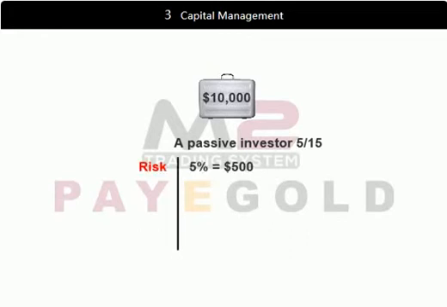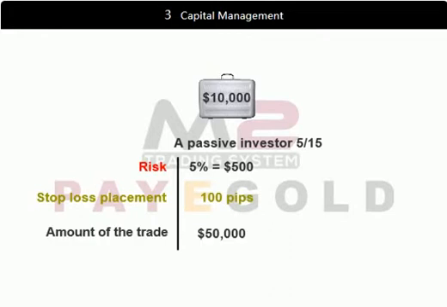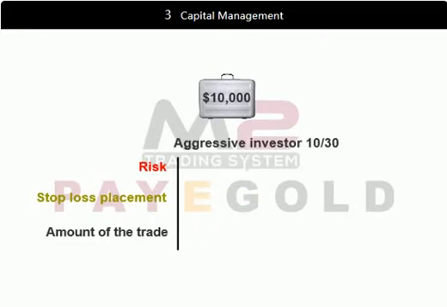If the trader places a stop loss at a distance of 100 pips from his entry point, he can open a trade for $50,000. Similarly, an aggressive investor who uses the permissive 10-30 rule will be able to risk up to 10%, meaning $1,000 per trade, and therefore will be able to open a trade of $100,000.